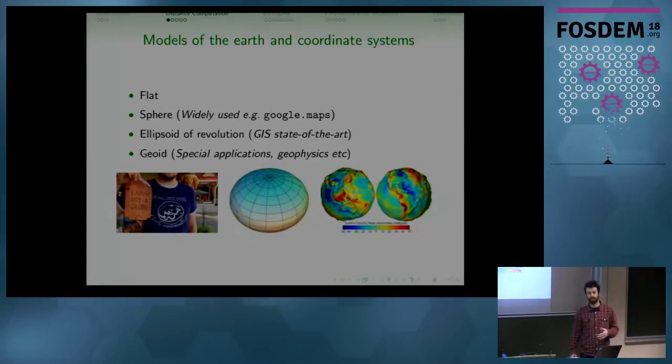And we'd like to see, if we do this kind of computation, what the accuracy is compared to the accurate ellipsoidal computations that we have on these models. Okay, this is what I'm going to talk about.